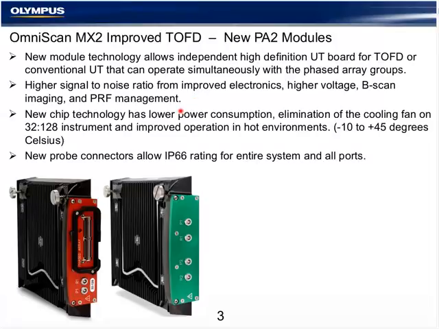So the new chip technology also has a lower power consumption, eliminating the need for the cooling fan on the 32-128s. That translates to longer battery life, ability to operate in hot environments for a continuous inspection usage between -10 and +45 degrees Celsius without triggering the safe shutdown of an overheat condition inside the electronics.